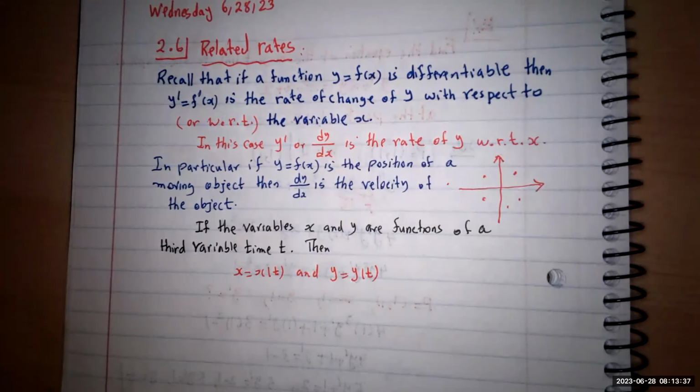These functions are by themselves new functions of time, so they can be differentiated. For example, x can be t squared minus 2t, and y can be sine t. You can differentiate each one of them, but with respect to t.